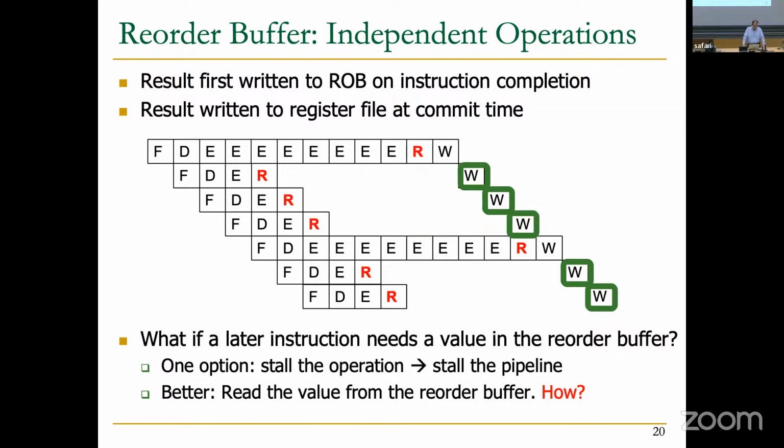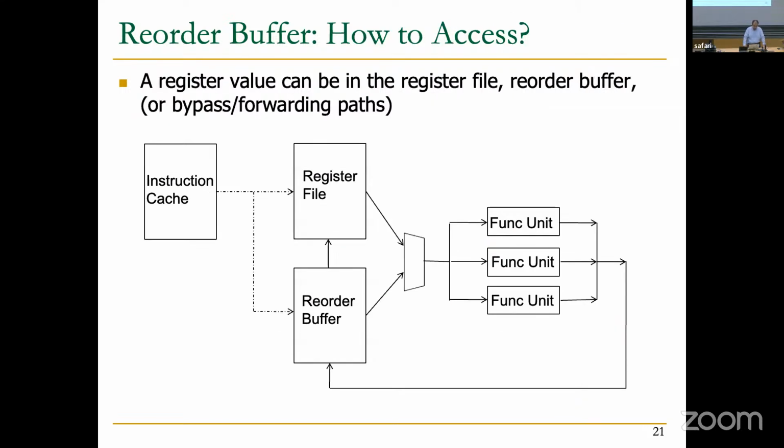It is also possible to have both the register file and the reorder buffer, as well as bypass paths, so that the operands to the functional unit can come from the register file, the reorder buffer, or the bypass paths. That complicates the hardware, but at the same time lets you stall your processor less frequently.